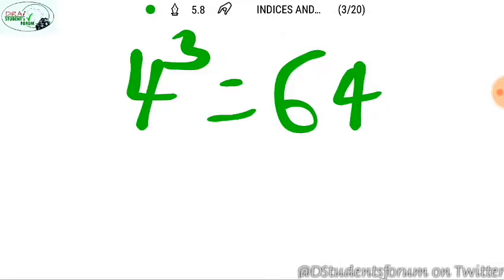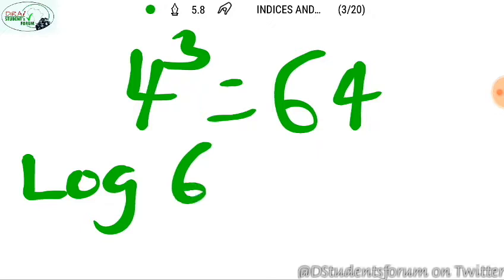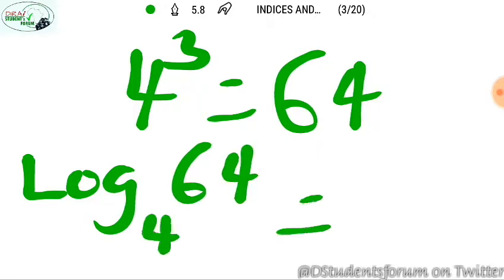So 4 raised to power 3 is 64. Here, the logarithm of 64 to the base of 4 will give us 3.